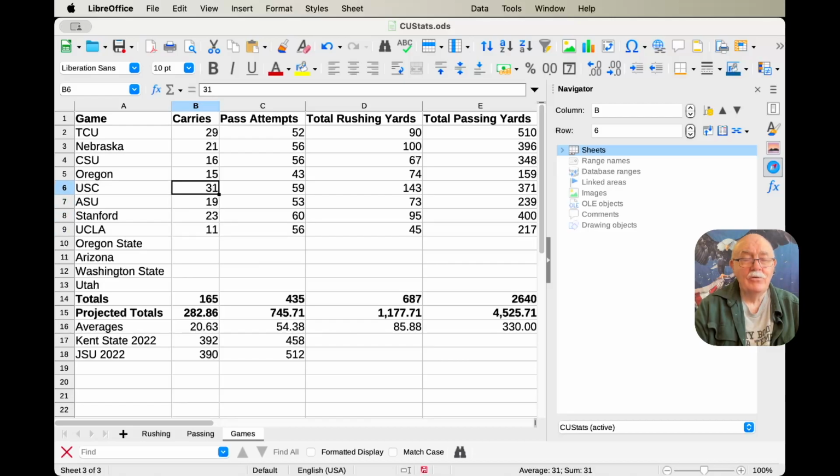Against both TCU and USC, they ran 29 and 31 times in those games, and they almost won the USC game, and they beat TCU. So we can see the formula for winning. It's not hard to figure out. They just need to run the ball more.